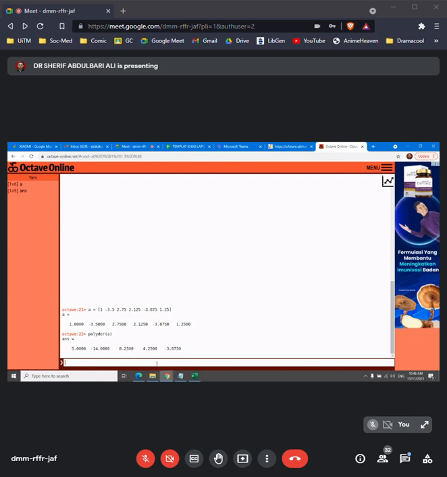Okay, there is actually no function or specific function to find the second derivative.